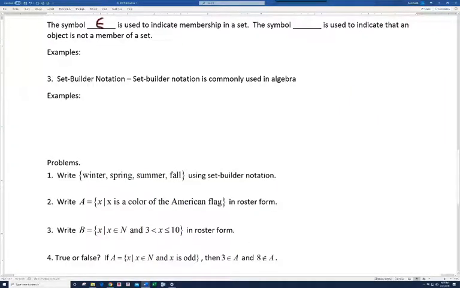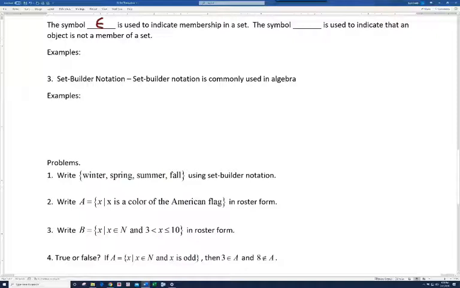So the symbol that looks like this, it's kind of like an E, is used to indicate membership in a set. Now remember, I said the items in the set are called either elements or members. And so we're using E for element, basically.